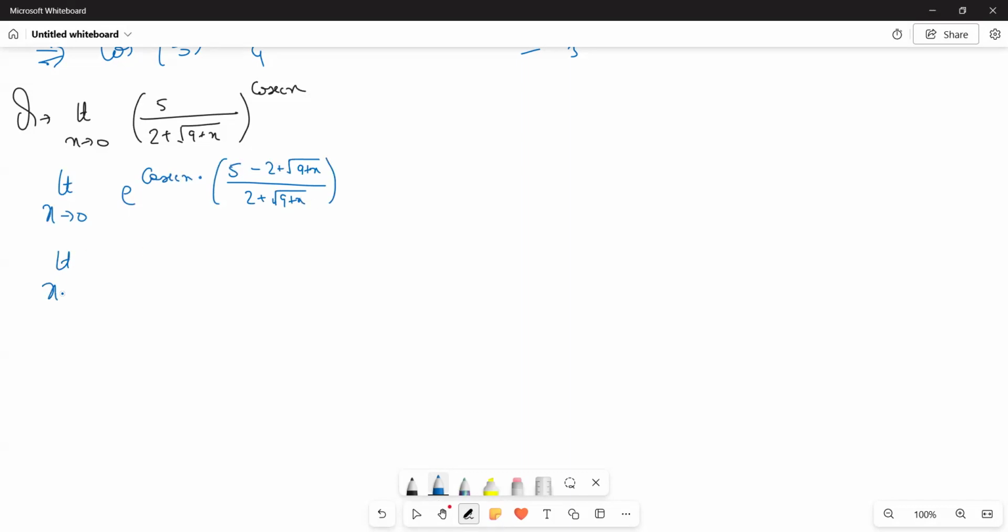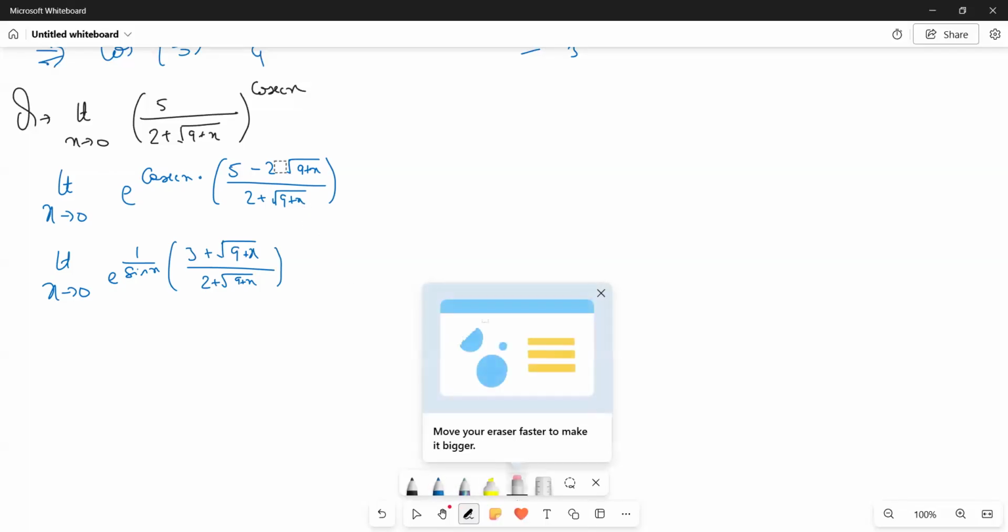So this would be limit x tending to 0, e to the power, we can write this as 1 by sin x. And in the numerator it will come 3 plus root of 9 minus (9 plus x) by 2 plus root of 9 plus x. Oh sorry, it will come with a minus, because this will also be a minus here.